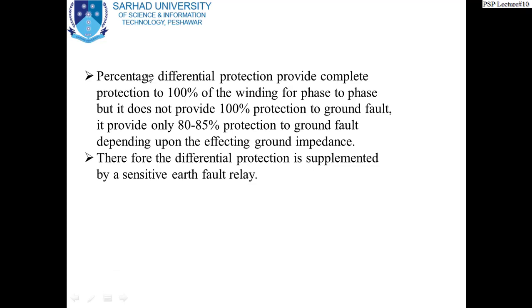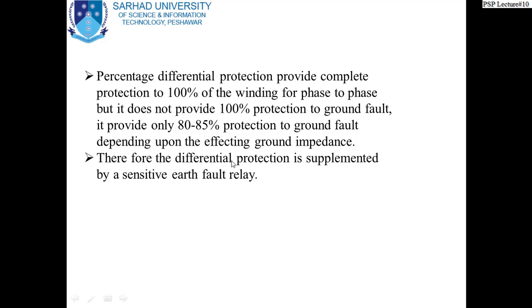This point is explained here, which I explained previously, but it has been written here. Percentage differential protection provides complete protection, 100% protection of the winding for phase-to-phase fault, but it does not provide 100% protection to ground fault. It provides only 80 to 85% protection to ground fault, depending upon the effective ground impedance.